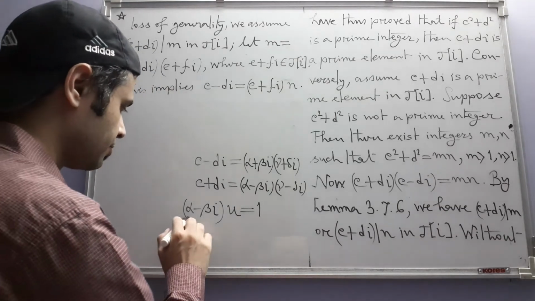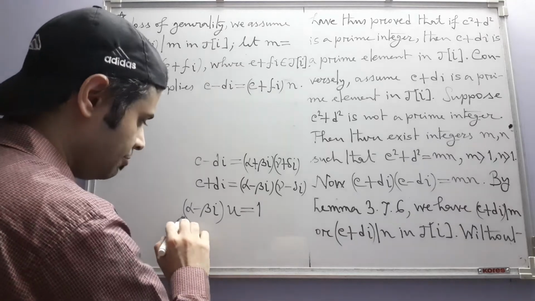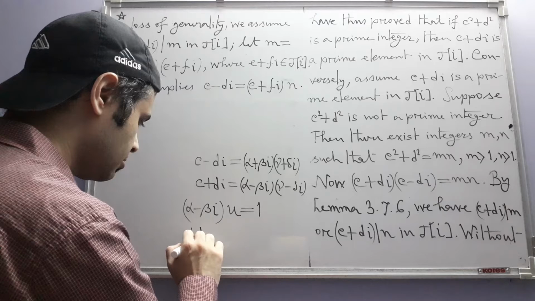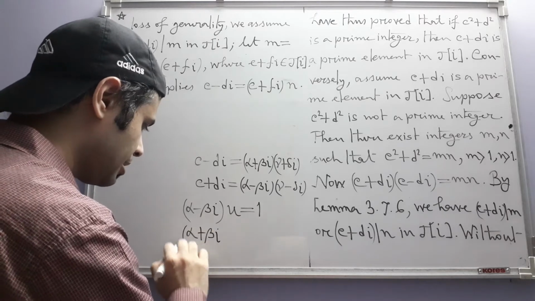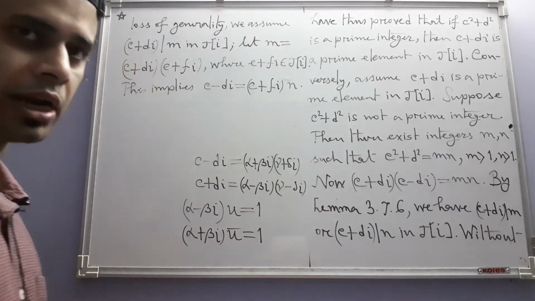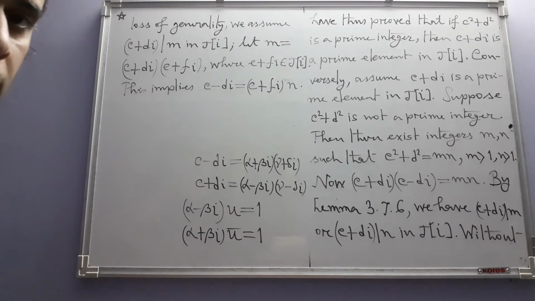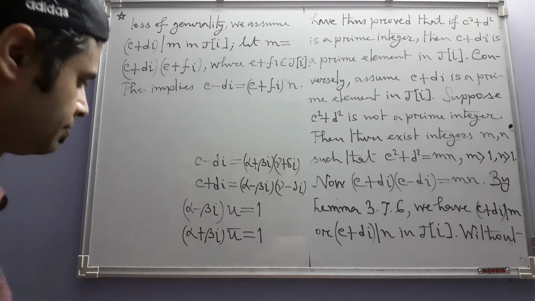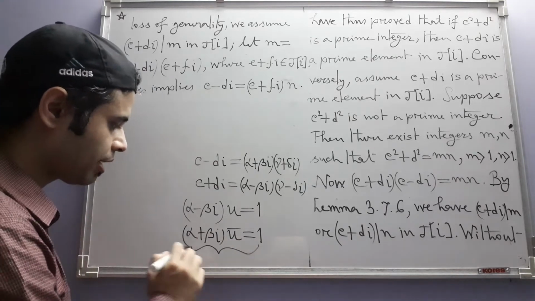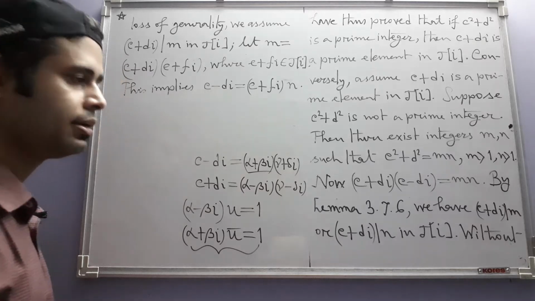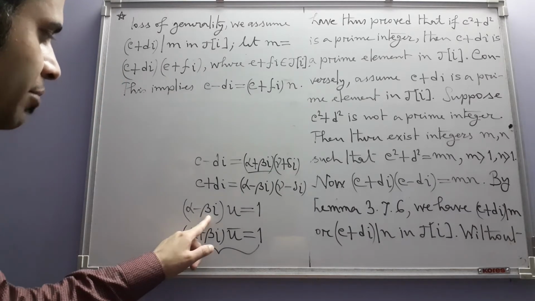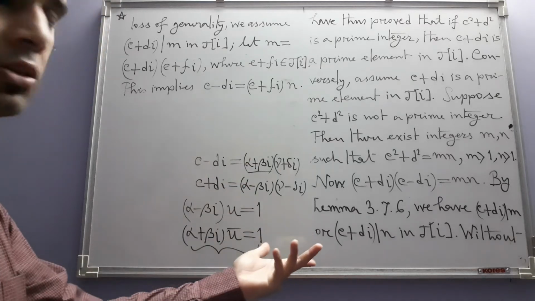Okay. Now if you now take the complex conjugate on both sides, then alpha plus beta I times u bar is equal to 1. 1 will stay 1 because 1 is real. So this is contradicting the fact that alpha plus beta I is a non-unit. So that is why alpha minus beta I also has to be a non-unit.